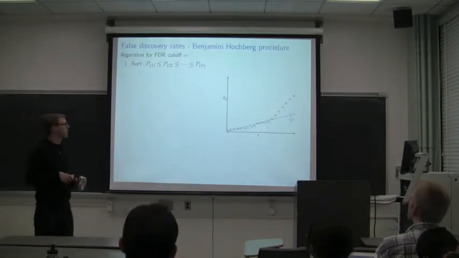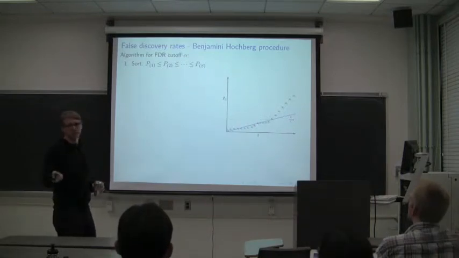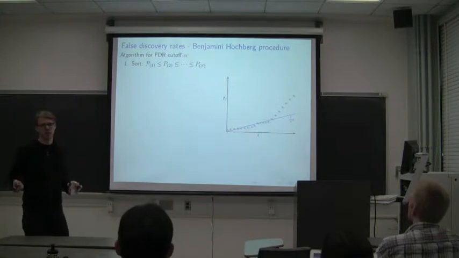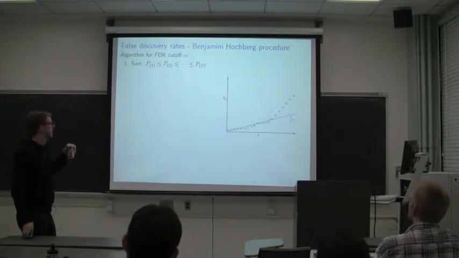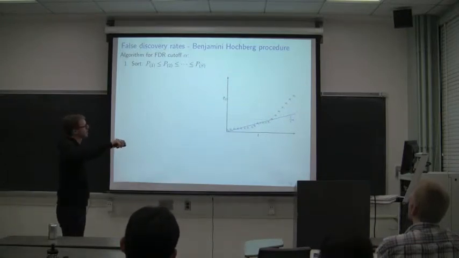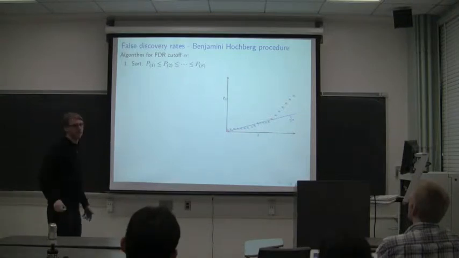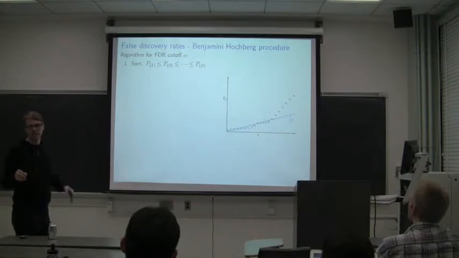And the question is now, this is kind of an awkward concept. We're given p-values, and the question is, how can we control this false discovery rate? And this is kind of where I think we all struggled a bit last week. This idea how we can fit a linear function that gives us the expected false discovery rate, as a linear function of the rank of the sorted p-values.